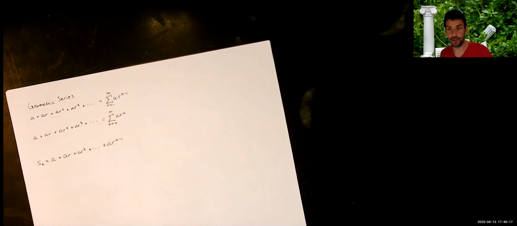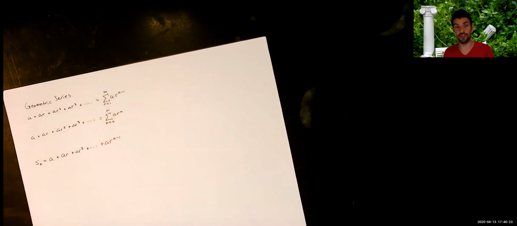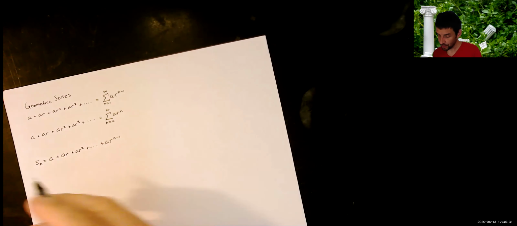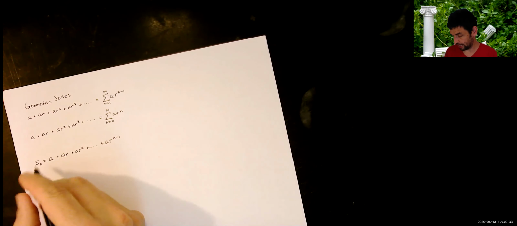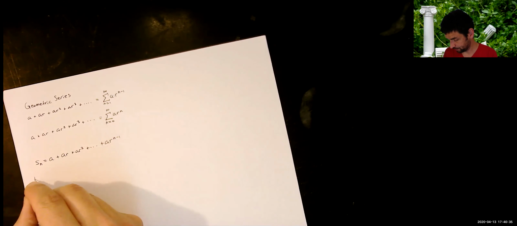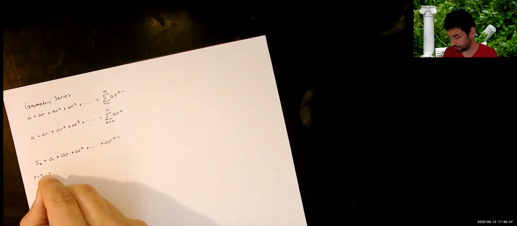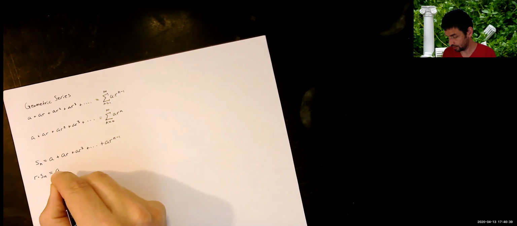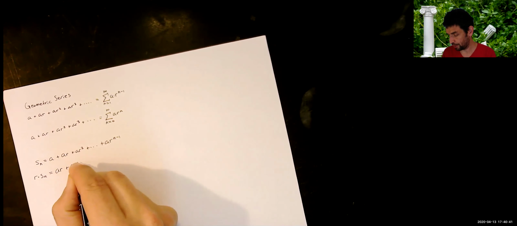Okay, this sum on the right is a pretty tricky thing to take a limit of. If you increase n, you increase the number of terms, and we don't really have a rule for what's happening if terms are increasing as your sum is increasing. So we're going to play a little game here. I'm going to take this and multiply both sides by r, and distribute it on the right.